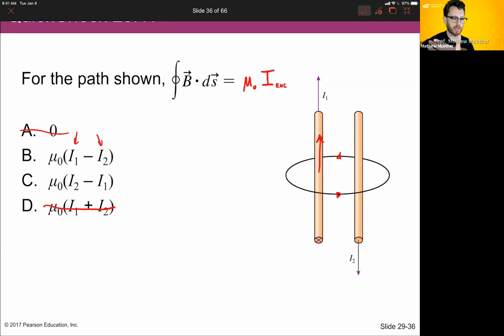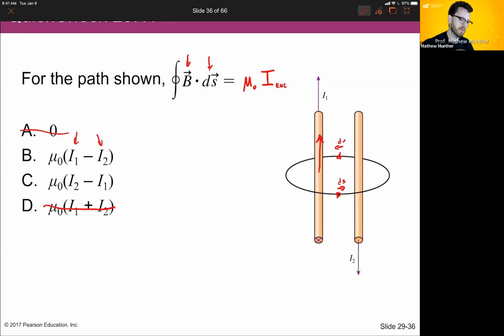The B field coming from I1 is circulating in the same direction as the loop that I have drawn there, the path that I'm going to take around that charge. So when I do the dot product, because B and ds are going to be aligned, my ds's are going to point in this direction.